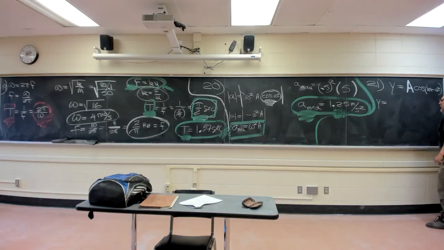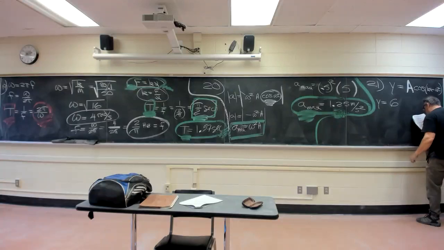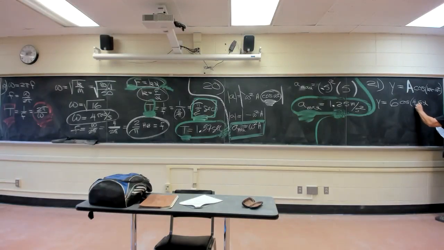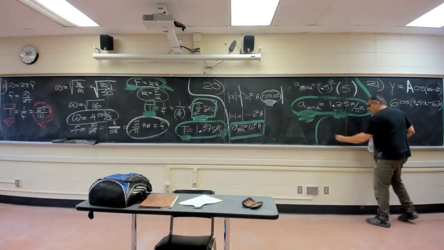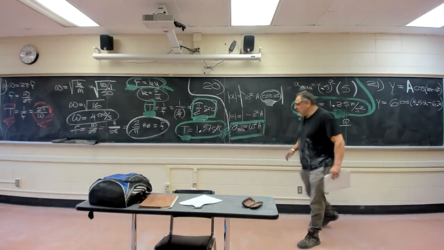They are telling us that y is y, 6 is 6 meters, cosine 4.5x minus 6.7t. Folks, we know a bunch of things.